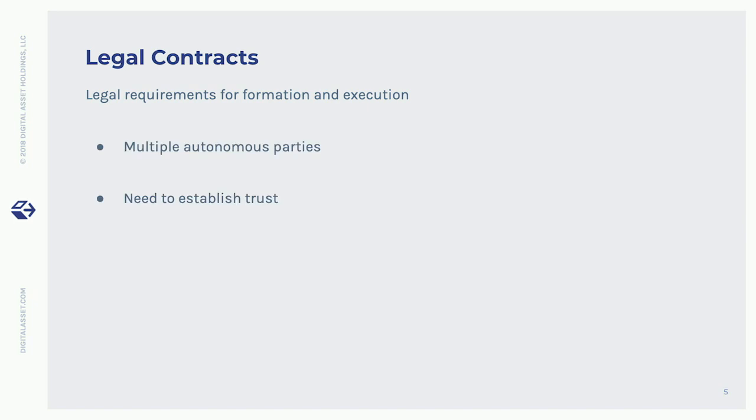So the first most fundamental principle, we have multiple parties. If you don't have multiple parties, you don't have a contract. These parties also have a need to somehow establish some ground rules to collaborate. What they're trying to do is establish trust. This is like building any relationship.